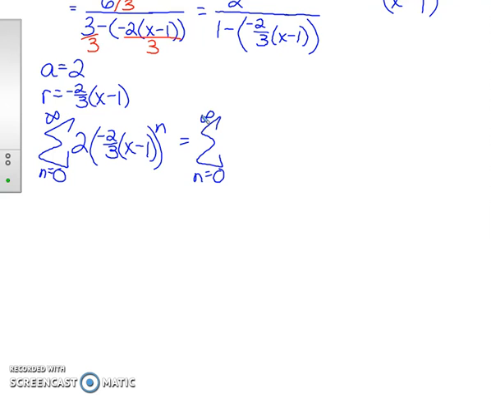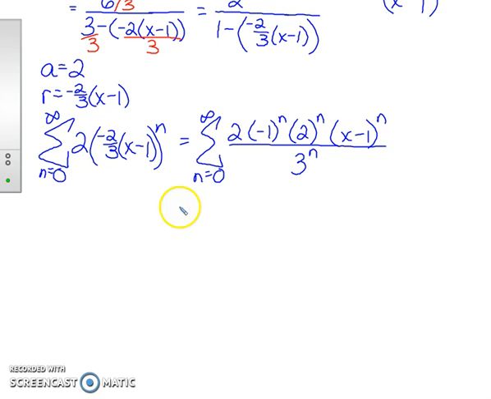If I separate this, I would have a 2, and then instead of a negative 2, let's think of it as a negative 1 to the nth and a 2 to the nth and an x minus 1 to the nth and a 3 to the nth. So basically, I just distributed the nth power to all of the things inside of it that were being multiplied together, including splitting up that negative 2 into a negative 1 and a positive 2.